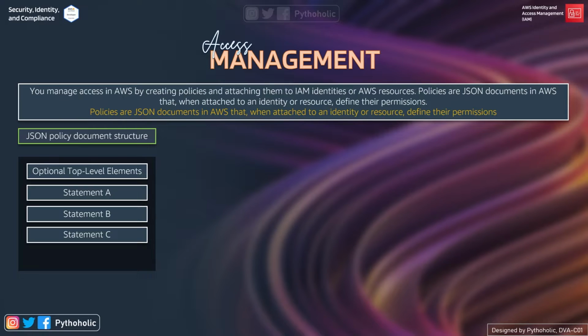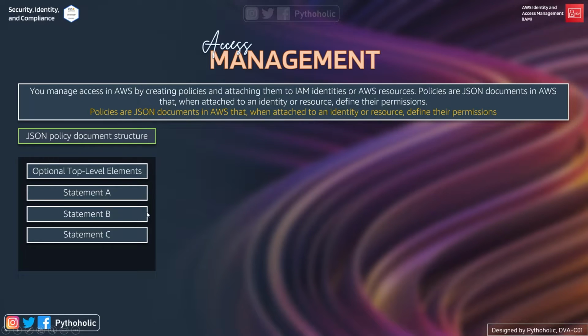Now let's check how a policy looks like. Here you can see we have an optional top level element. We can also add optional policy-wide information at the top of the document, and then one or more individual statements as per our requirement. We'll discuss the example, don't worry, I'm just giving you an overview. The most important thing to remember is that each statement includes information about a single permission.